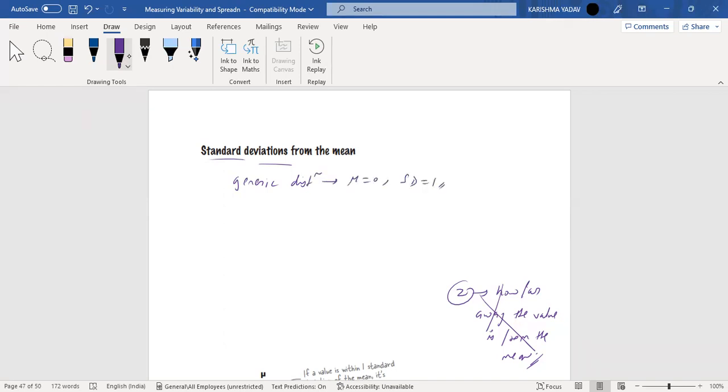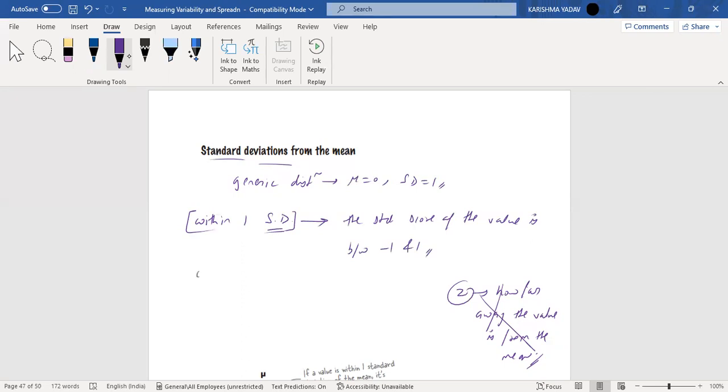So if a value is within one standard deviation of the mean, what does this tell us? It tells us that the standard score of the value is between -1 and 1.